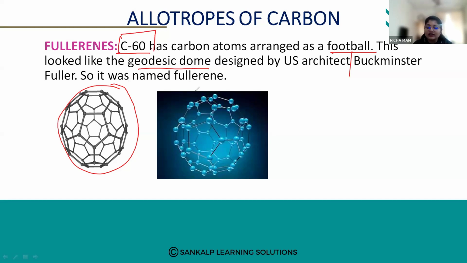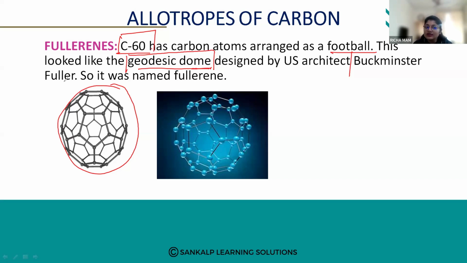So C60, this is how the carbon atoms are arranged. They are arranged in the shape of a football, because it is looking the same as the geodesic dome. And this geodesic dome was designed by the US architect, whose name was Buckminster Fuller.